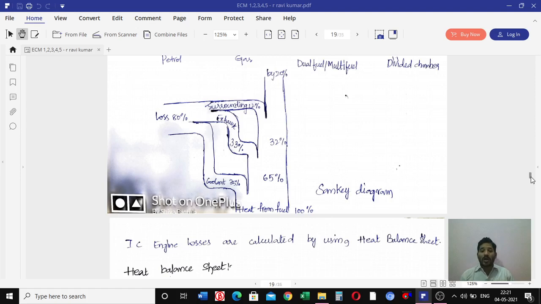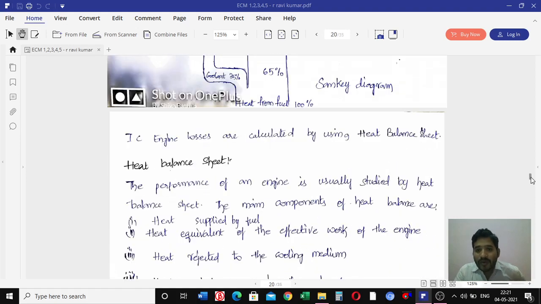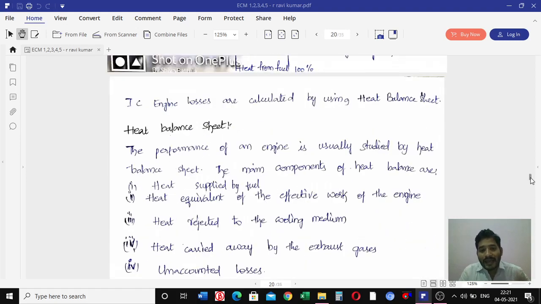That much loss occurs due to the combustion in the engine, as we observed with the help of the Sankey diagram. The internal combustion engine's losses are calculated by using the heat balance sheet.